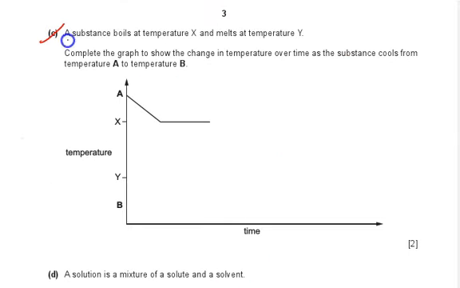C. A substance boils at temperature X and melts at temperature Y. Complete the graph to show the change in temperature over time as a substance cools from temperature A to temperature B. Here is the temperature and here is the time.